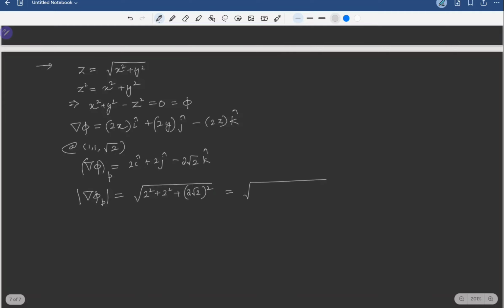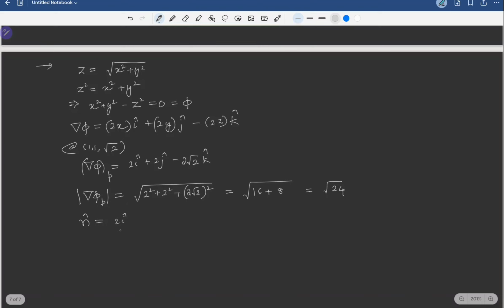What we get? 4 plus 4, 8, plus 4 into 2 is 8, so it becomes 16 plus 8, which is 24, right? Root 24.